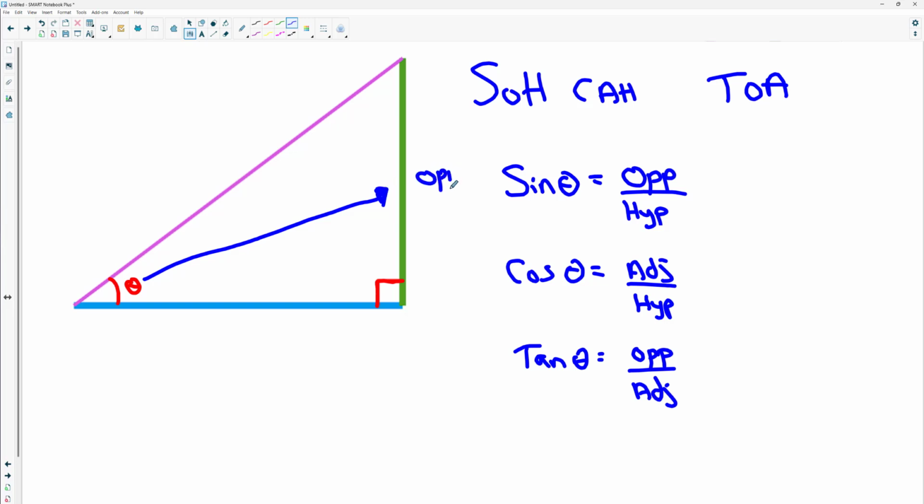So this is our opposite side in green. The adjacent side is always the side that's next to our angle. So this would be our adjacent side. And finally, the hypotenuse is always the side that's across the 90-degree angle, and it's also the longest side.